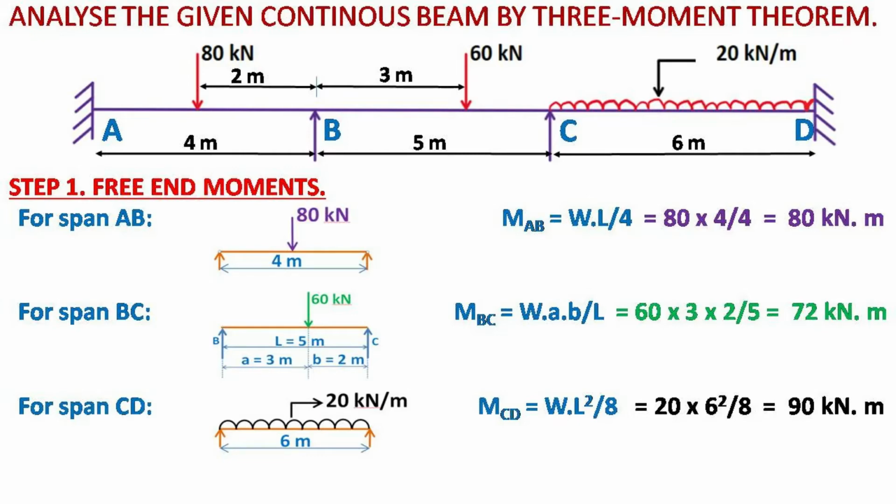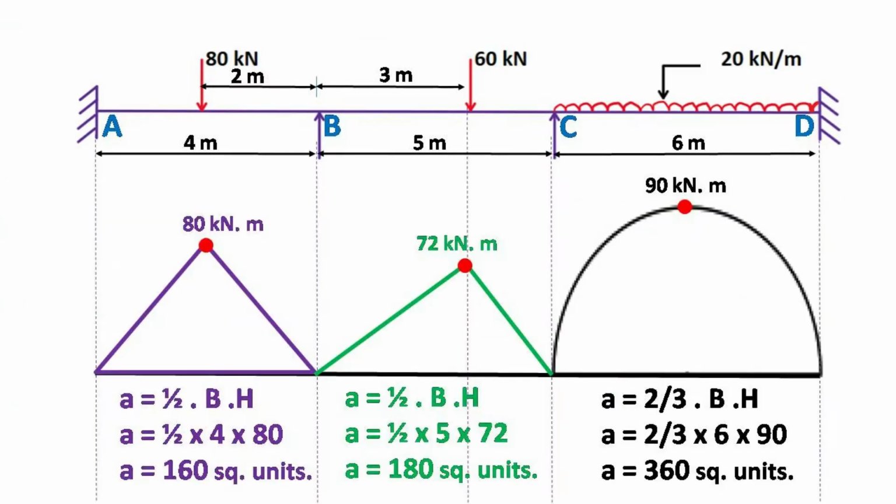For span BC, loaded with an eccentric point load, it's W times a b by L, that is 60 into 3 into 2 by 5, which gives MBC equals 72 kN meter. Similarly for span CD, loaded with UDL over its entire span, it's WL square by 8, that means 20 into 6 square by 8, gives MCD equals 90 kN meter. This is the end of step 1, in which we have calculated free end moment for every span, AB, BC and CD separately.